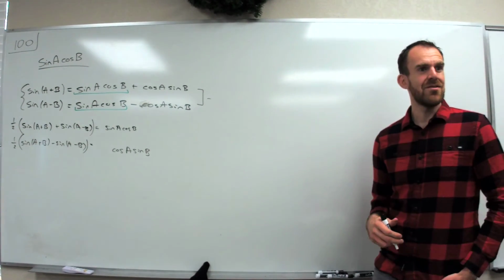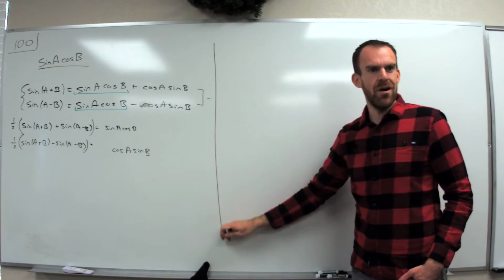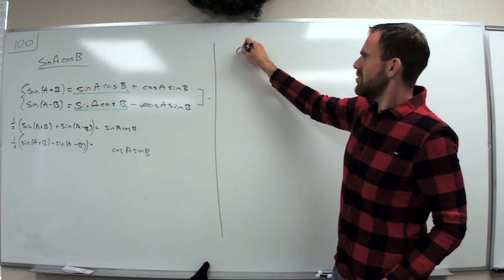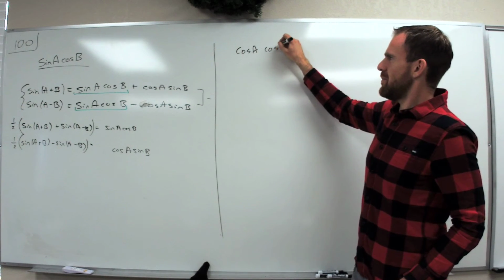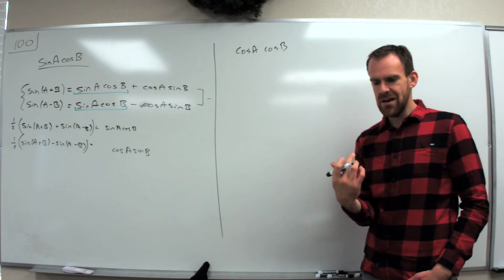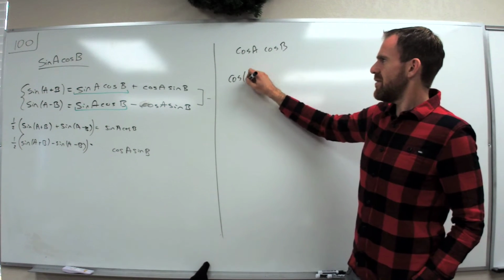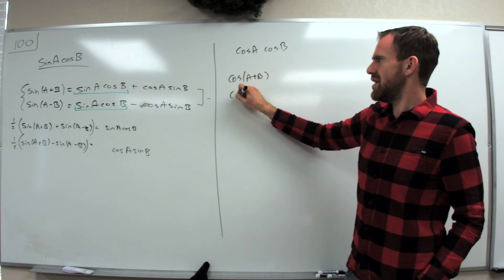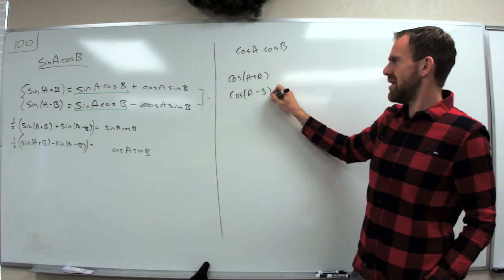Okay, now, what if I wanted to solve for cosine A cosine B? How would I do that? Well, I would use the cosine of A plus B and cosine of A minus B identities.